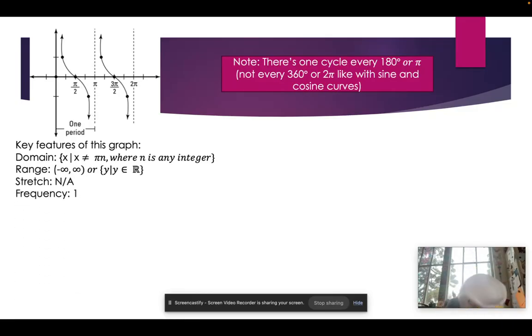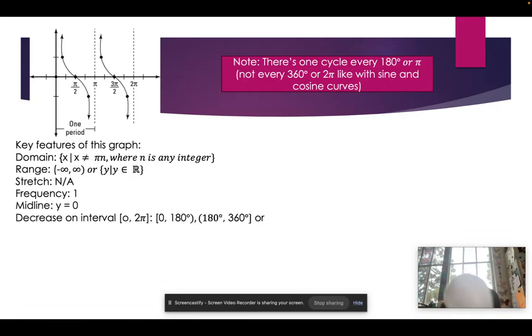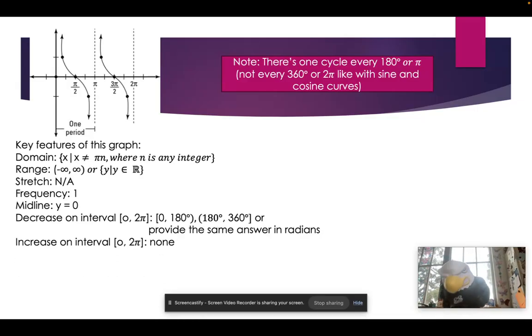The frequency is 1. The midline is y equals 0. The decrease on this one, if we're just looking from 0 to 2 pi, is 0 to 180 and then 180 to 360, or you could put it in radians. As far as the increase, there isn't any. These decrease always from left to right.